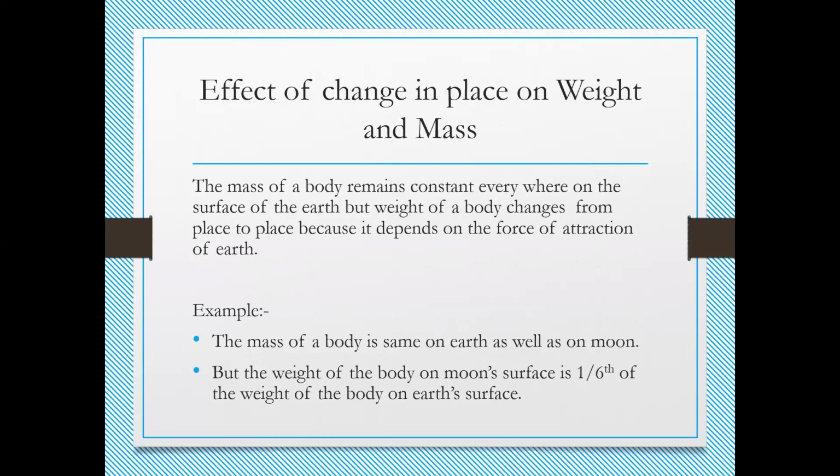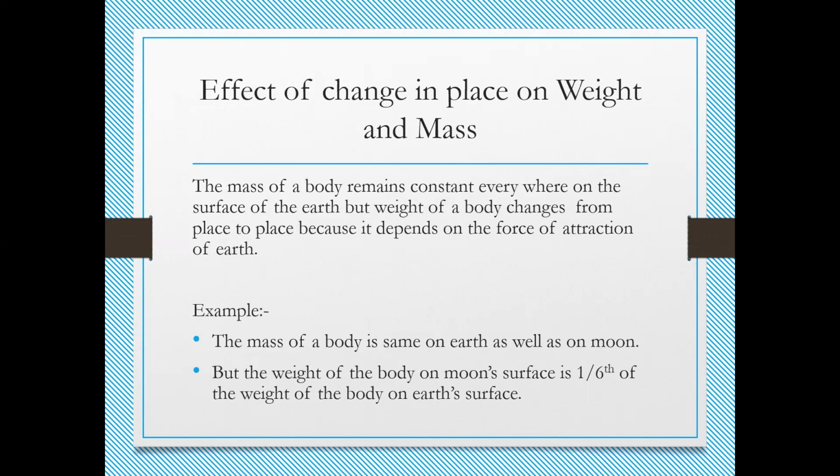Mass depends on whatever is contained in that body, whereas weight depends on the force of attraction of earth on it. And so mass will remain the same wherever you take it, but the weight will change depending on the location of the body. For example, the mass of the body is the same on earth as well as on moon.